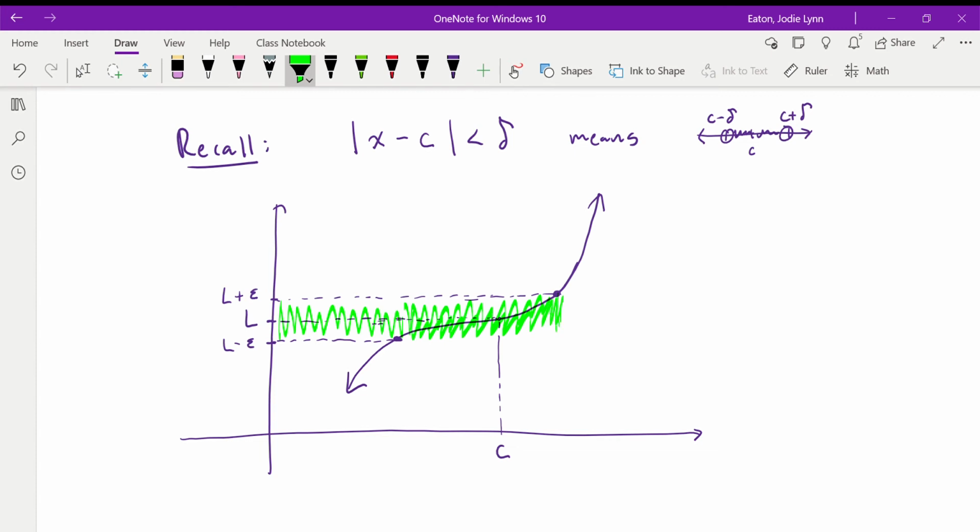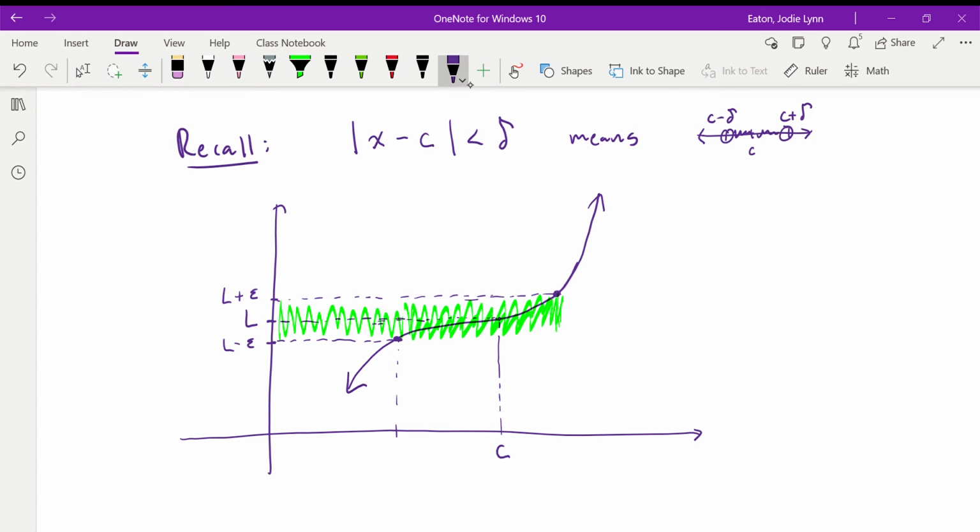And what we want to do now, so there exists a delta, so that as long as we are within delta from C, then our y values will be within epsilon of L. So we want to pick a delta so that as long as we stay within delta of C, we're only going to be within that green region of the graph where the y values are within epsilon of L. If we look here, there's two possibilities.